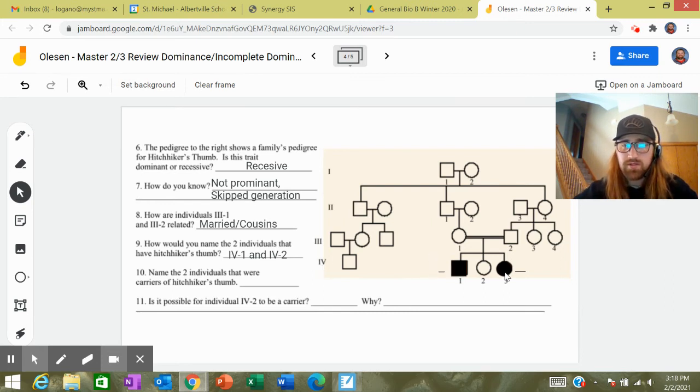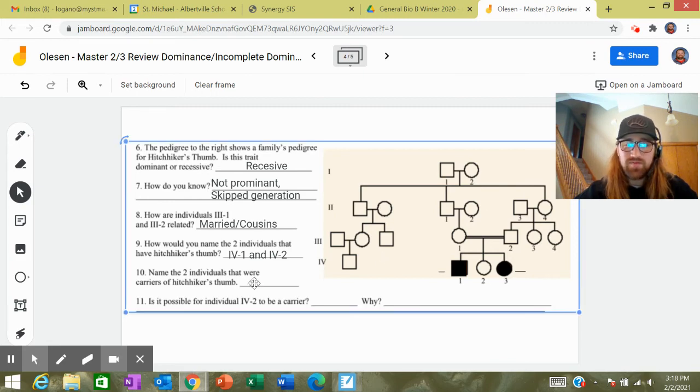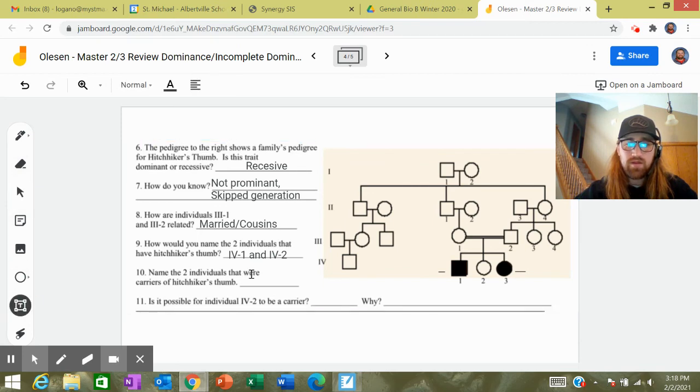1 and 2. Okay. Now it says name the 2 individuals that are hitchhiker thumb carriers. There is probably a couple individuals in here that are carriers, but there's only 2 individuals in here that we can guarantee that are going to be full-fledged carriers. And the way we can tell this is by who are the parents of the people that actually have hitchhiker's thumb.